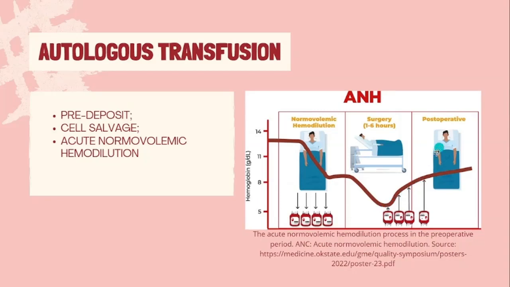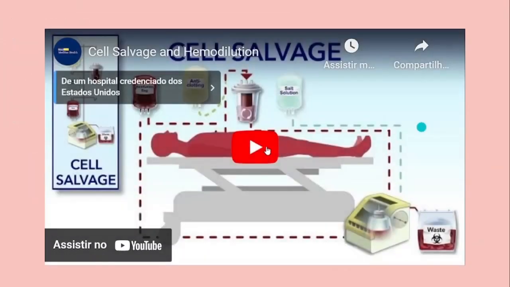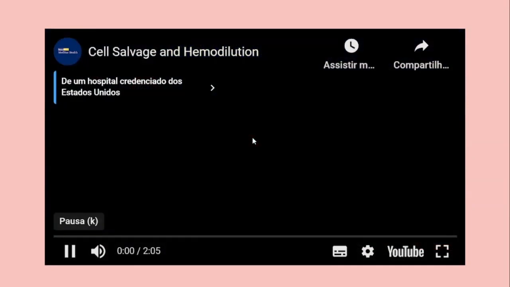During and post-operatively, the patient will receive their own concentrated blood back to recover the blood that the patient had lost. Here is a video that you can check on MedStar Health.